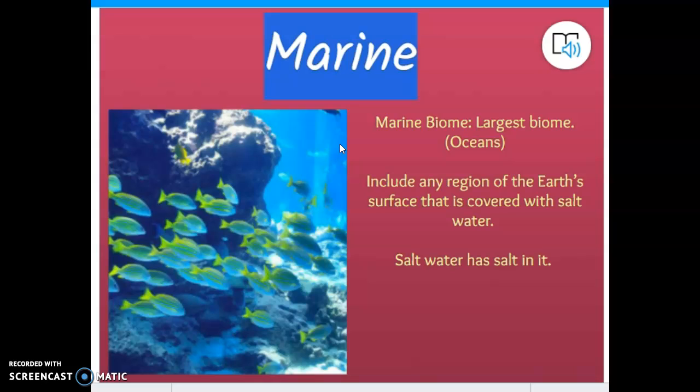The closer we are to the equator, the warmer the ocean is going to be. The further away we get from the equator, the colder the water is going to be. Soil, well, there's not a lot of soil to talk about in the ocean, unless you want to talk about the ocean floor, then it's very sandy. So when we're talking about the marine biome and we're focusing on the abiotic factors, we need to think about sun, soil, temperature, and water. The biggest thing is it's salt water.